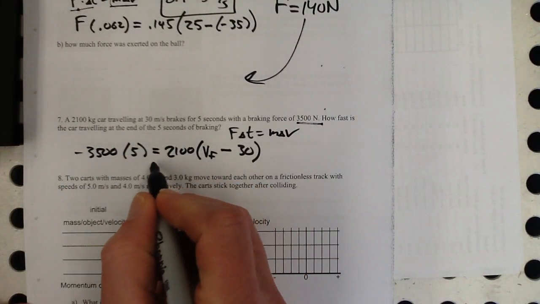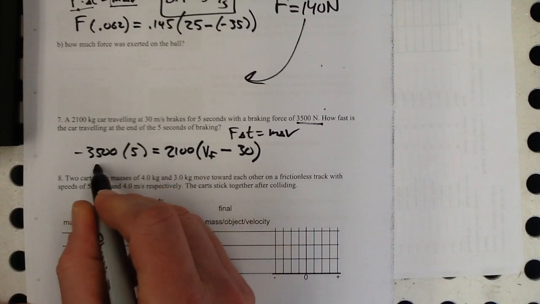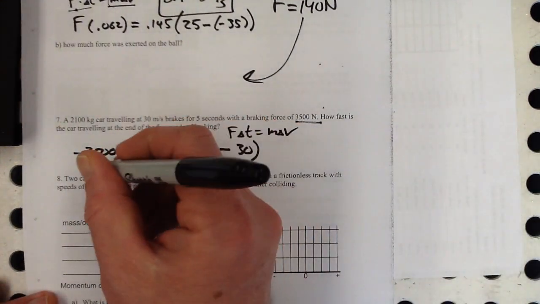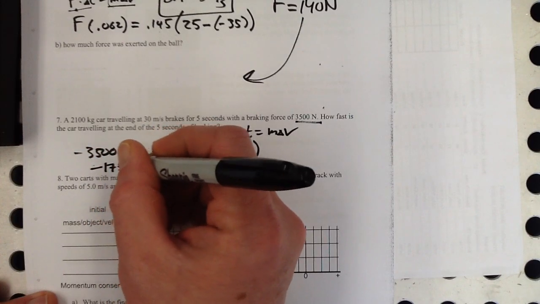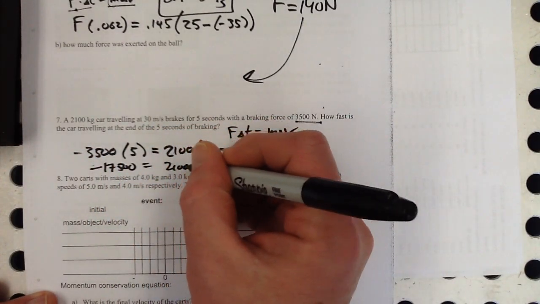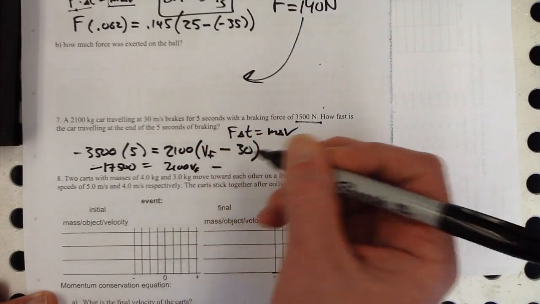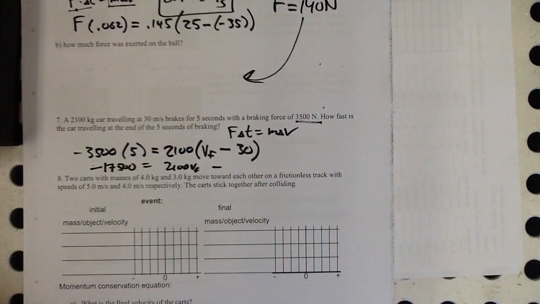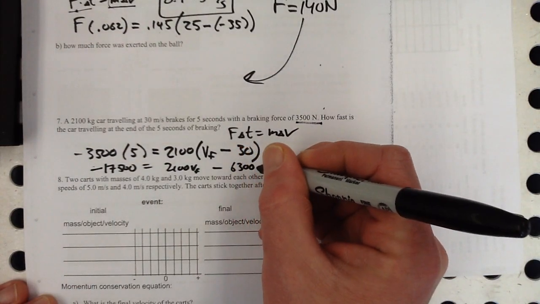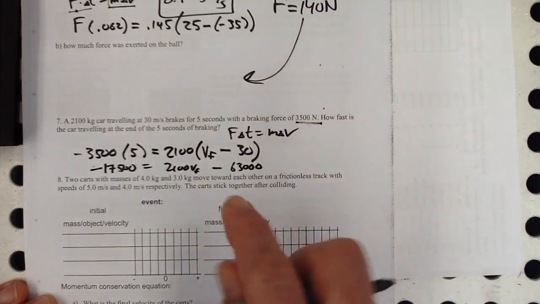Well, let's see. I'm going to write out one more step here. That's minus 17,500 equals 2,100 v_f minus 30 times 2,100, which is 63,000, rather.